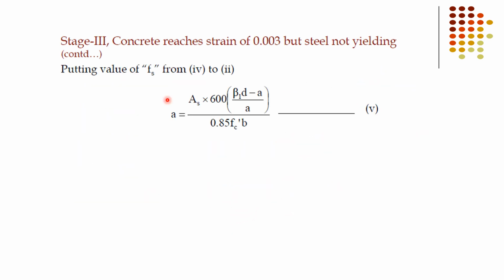Here I have put the value of fs in the equation and get the value of a. Now you can see a is on the left side and a is also on the right side. After solving this, we will get a quadratic equation. Here is the result after solving this equation. You will solve this equation. If you face any issue, you can ask the question at the end.